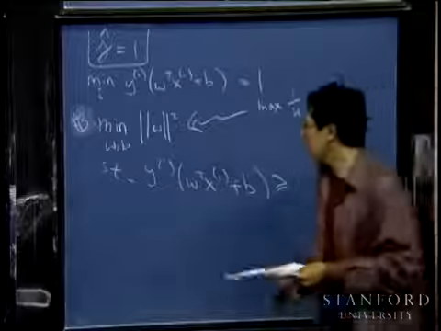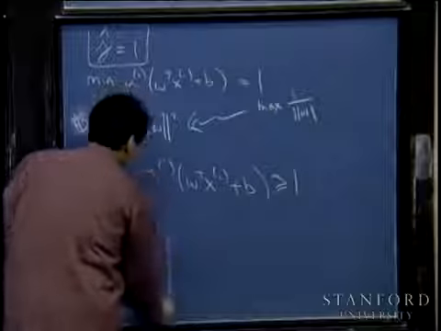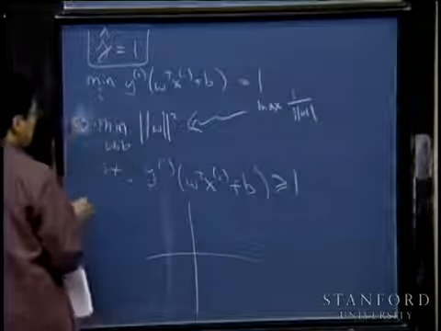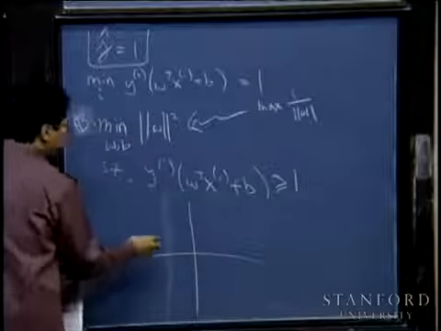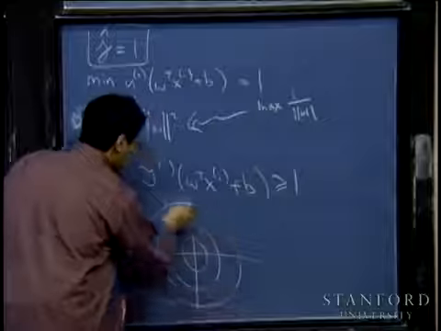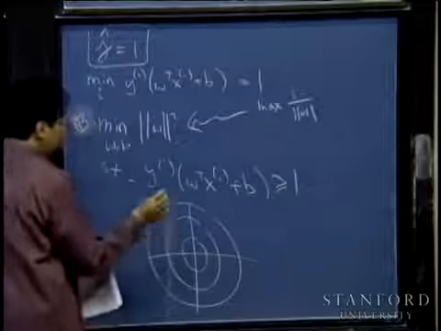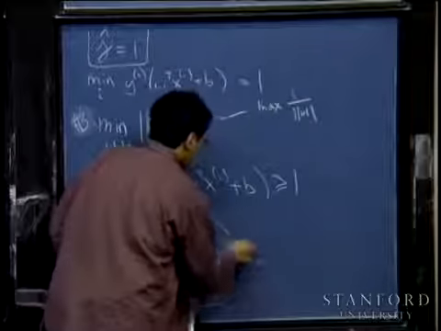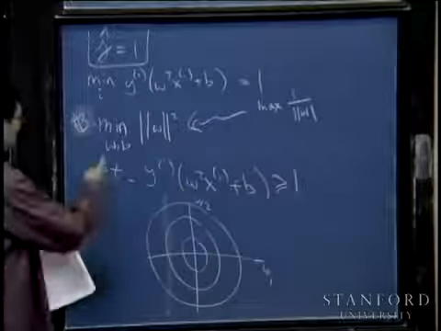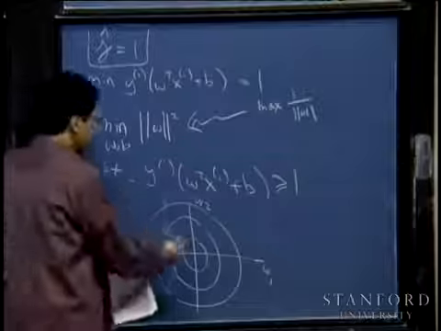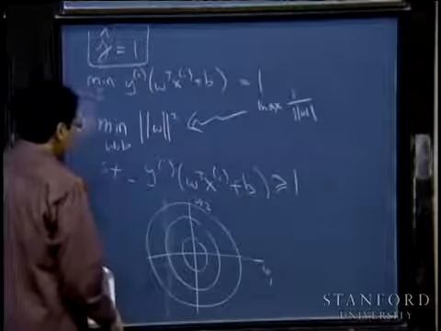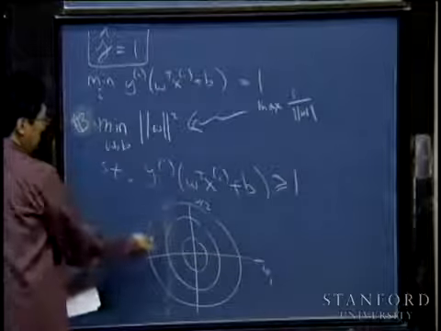So the picture to keep in mind for this is that our optimization objective is we want to minimize the norm of W, and so our optimization objective is just a big quadratic function, right? And there's B somewhere in this picture too. So your parameters are W1 and W2, and you want to minimize a quadratic function like this. A quadratic function just has contours that look like this. And moreover, you have a number of linear constraints in your parameters.